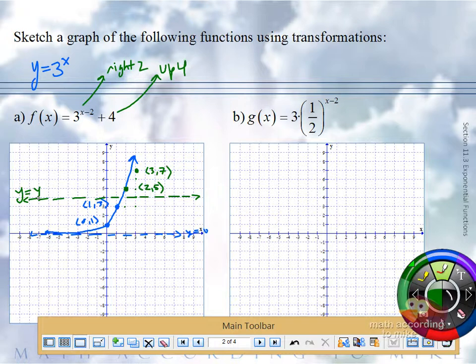I did not change the shape, I just moved it around to draw back in that curve. So in green is the graph of f of x. I took the graph in blue, 3 to the x, moved it right 2, up 4. That also moves the horizontal asymptote.